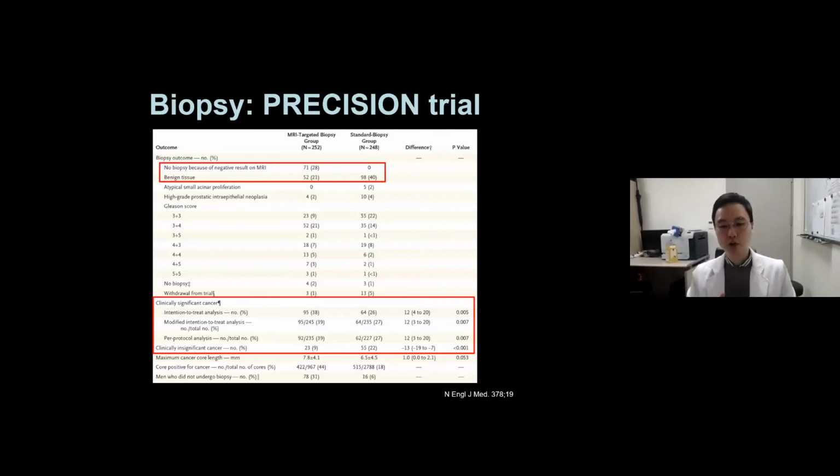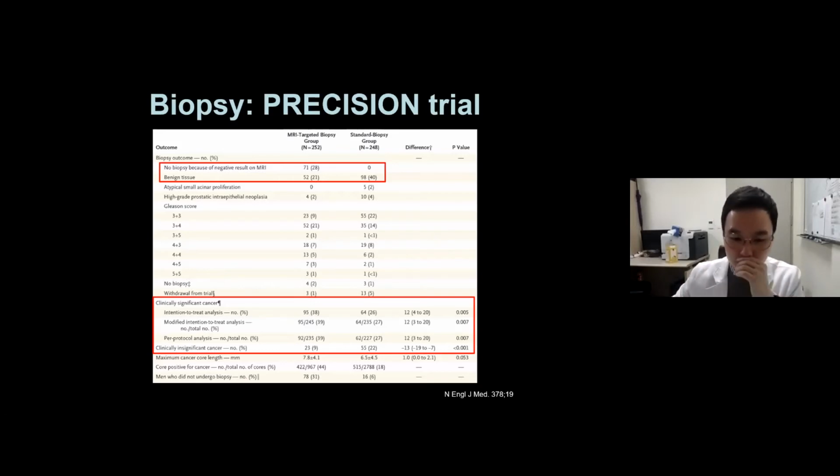The result was interesting: 28% of the patients in the MRI targeted group did not undergo biopsy because the result of MRI was negative. MRI with or without targeted biopsy was non-inferior to the conventional standard biopsy, and from the confidence intervals it actually showed superiority compared to the TRUS biopsy.